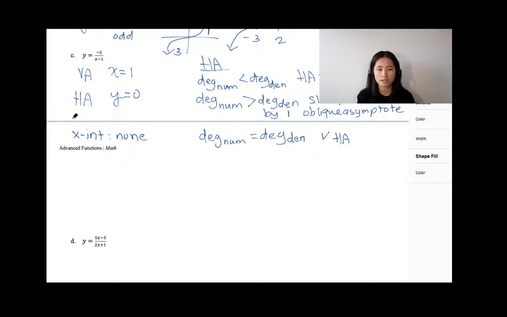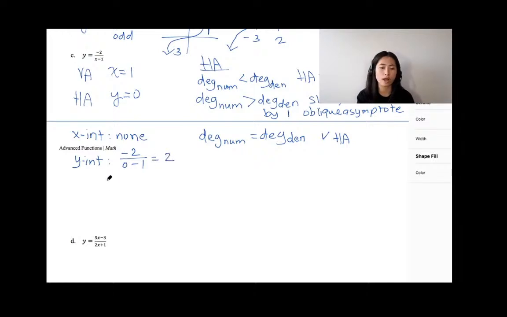However, for the y-intercept, how do you find it? Well, you just plug in x is equal to 0. So the y-intercept is negative 2 over 0 minus 1, which is equal to 2. Does that make sense?